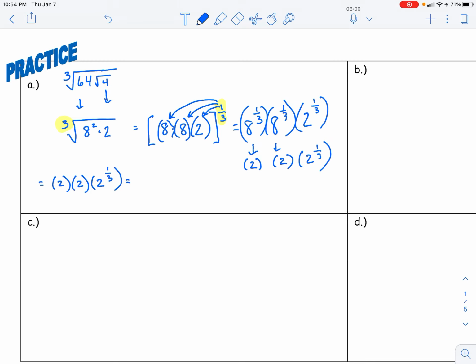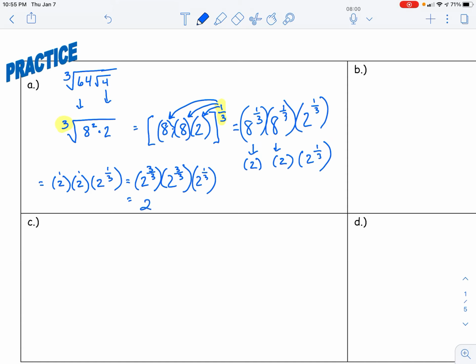All right, now I need to add my exponents together here. So each one of these first 2's has an exponent of 1. So those need to become 2 with an exponent of 3/3, 2 with an exponent of 3/3, and 2, we have the 1/3 there, right? Let's go underneath here.